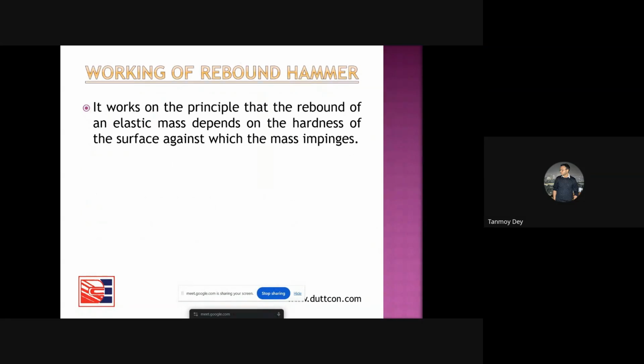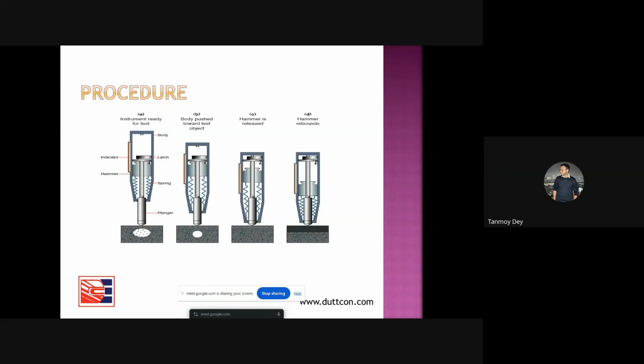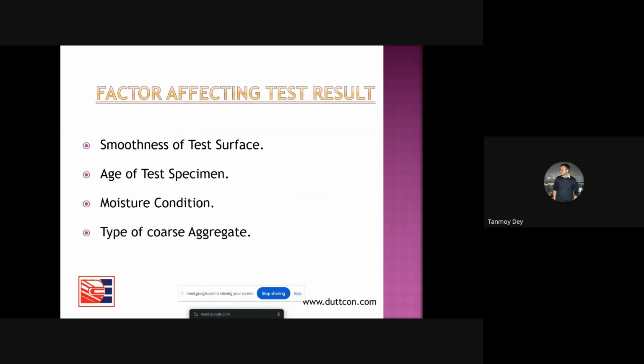I've already explained the working principle of this, so I'm moving ahead. This is the apparatus all of you have seen, I think. So we need smoothness of test samples, age of the test specimen, moisture condition, and type of coarse aggregate.